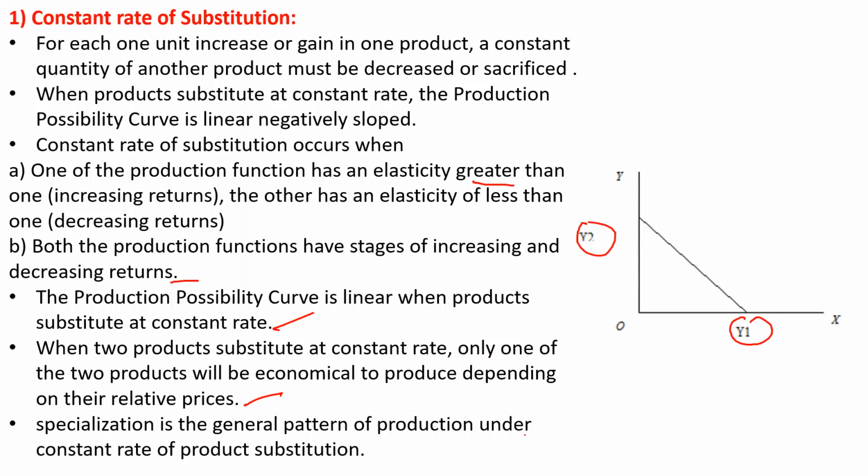So specialization is the general pattern of production. एक ही प्रोडक्ट हम प्रोड्यूस करेंगे तो उसे हम स्पेशलाइजेशन की ओर जाते हैं. So specialization is the general pattern of production under constant rate of product substitution.